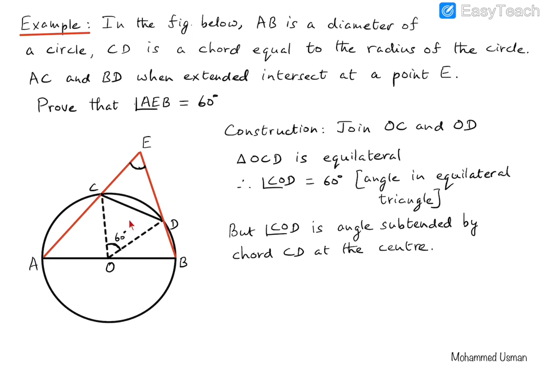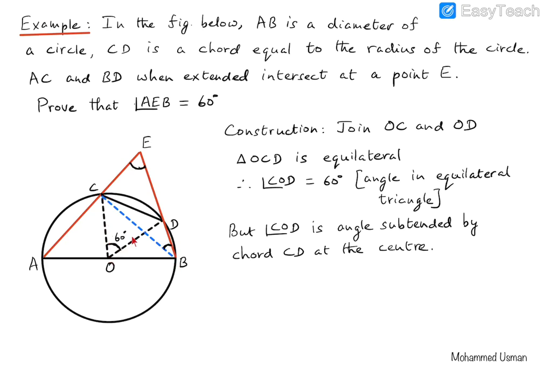So we have now joined BC, and we need to find out what is the angle CBD, which is this angle over here. And clearly from the figure, we see that the angle CBD is the angle subtended by the chord CD at the circumference of the circle.